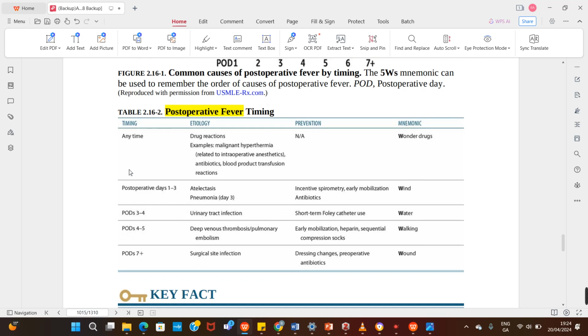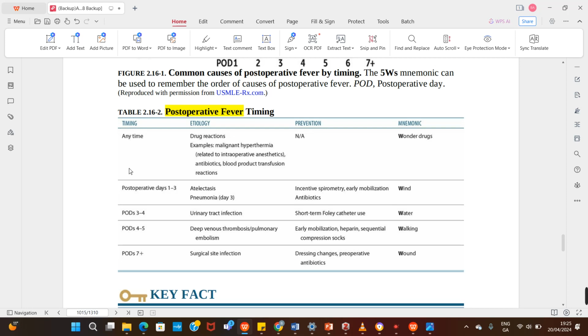So we have talked about anytime. Anytime is the drug reactions, antibiotics, malignant hyperthermia, blood transfusion products. Then day 1 to 3. The way I put it in my head is to think about the modes of transportation. We have wind, we have water, we have walking. Wind is like traveling by air, aeroplane, helicopter, jet.